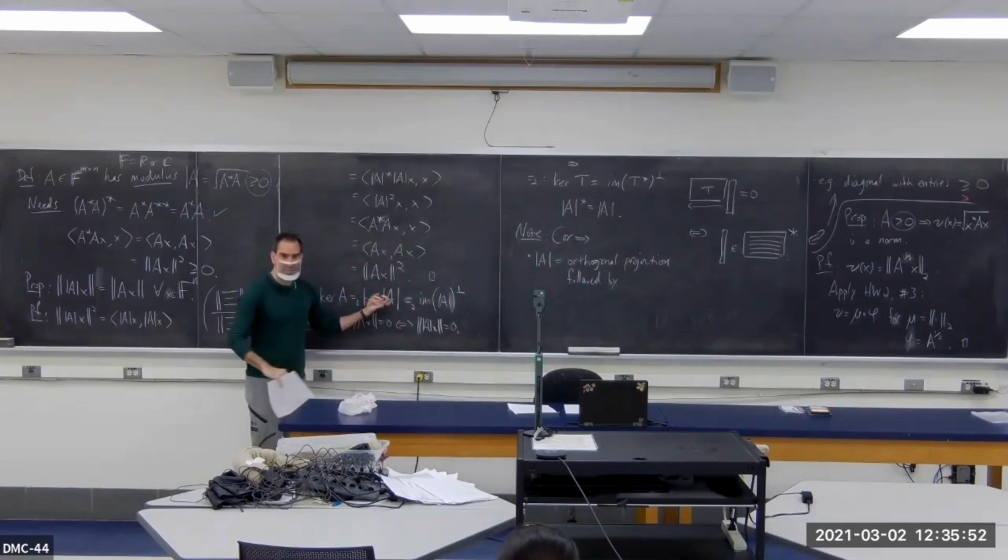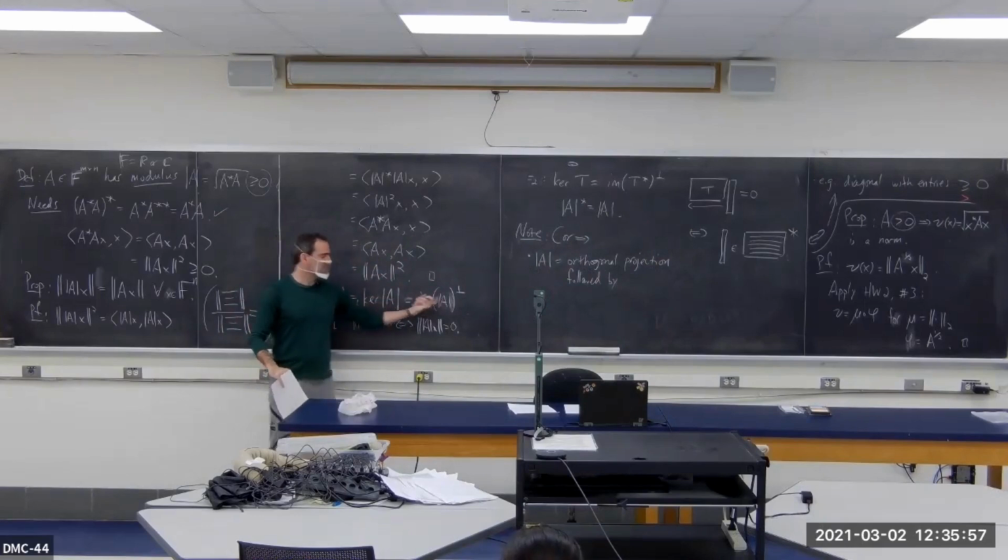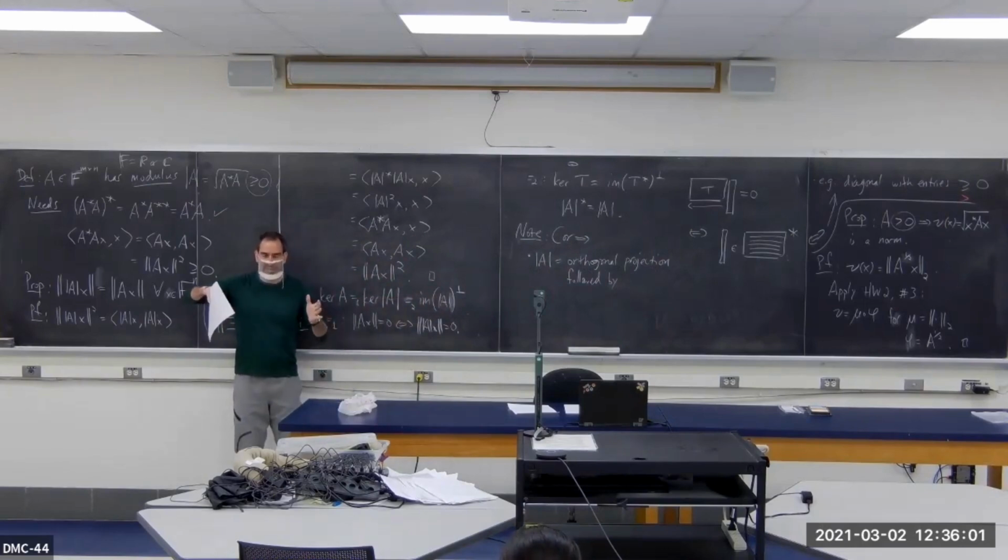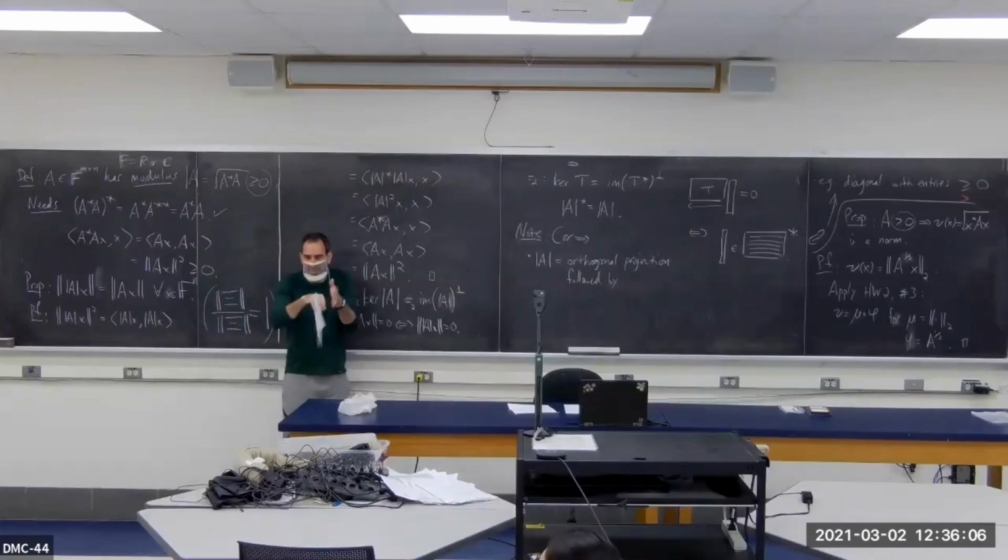So the kernel of the modulus is orthogonal to the image of the modulus. When the kernel is orthogonal to the image, that means you're doing an orthogonal projection modulo the kernel, and then the image is going to be orthogonal.